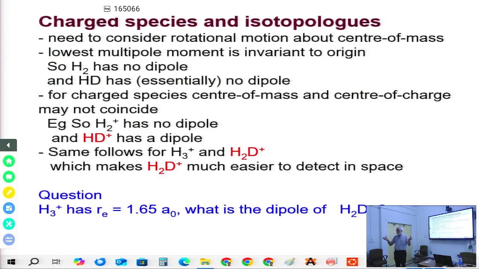H2+ collides with H2, and basically at every collision forms H3+ and a hydrogen atom. That's a very exothermic, very efficient reaction. There are no barriers to it. So you get H3+, which is a very reactive species and starts the chemistry chain. It will protonate atoms, protonate other molecules, etc.